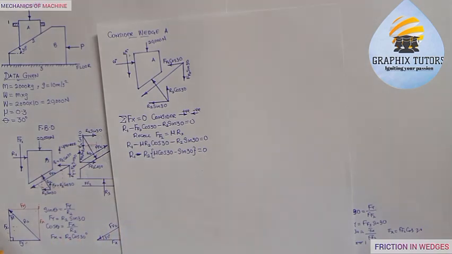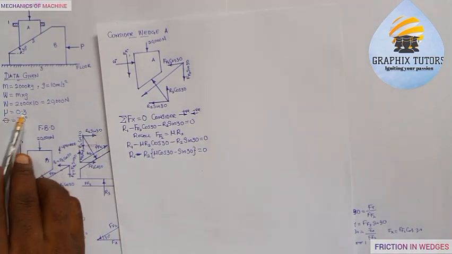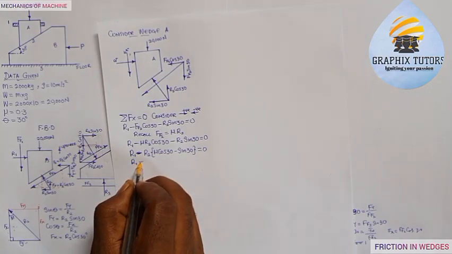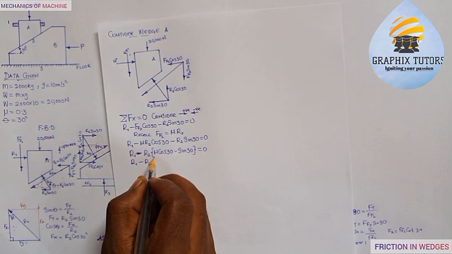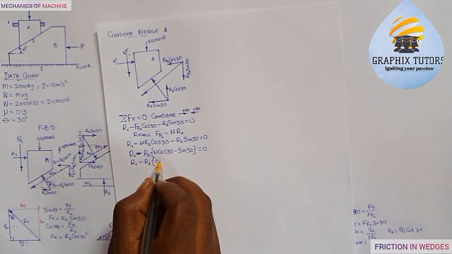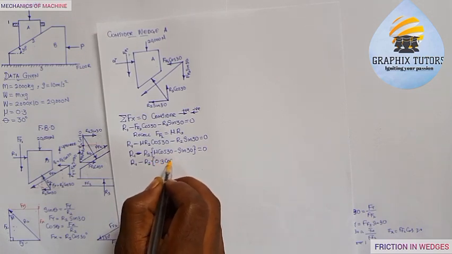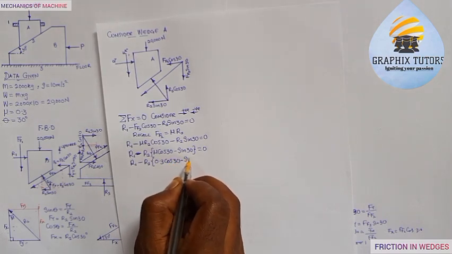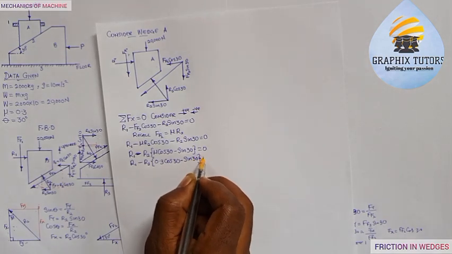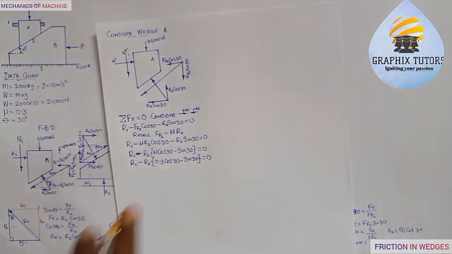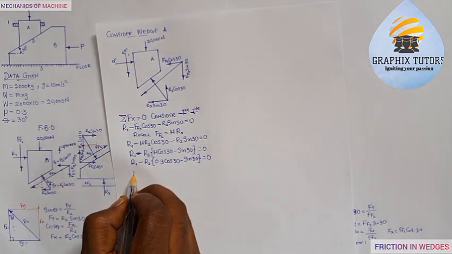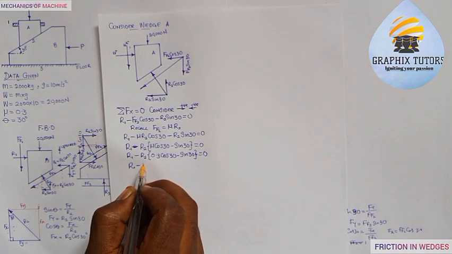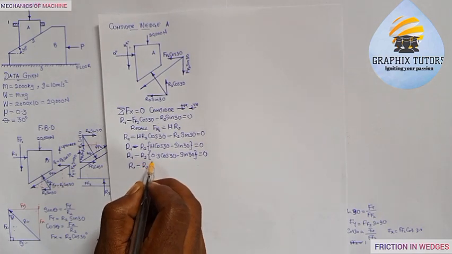Let's now move forward and implement. From the question, we're told that mu is 0.3, so I will say R1 minus R2 into bracket 0.3 cos 30 minus sine 30, close the bracket, equals 0.